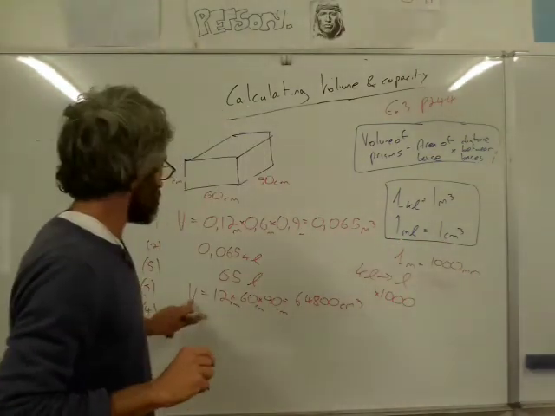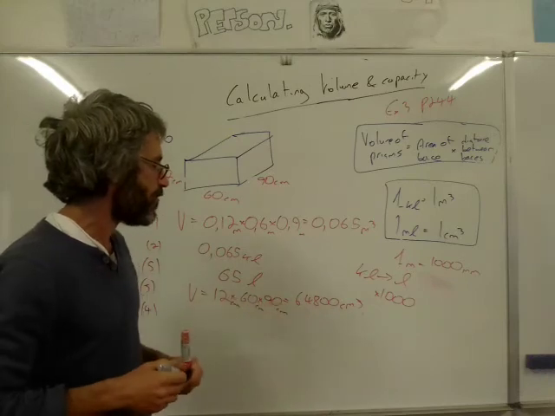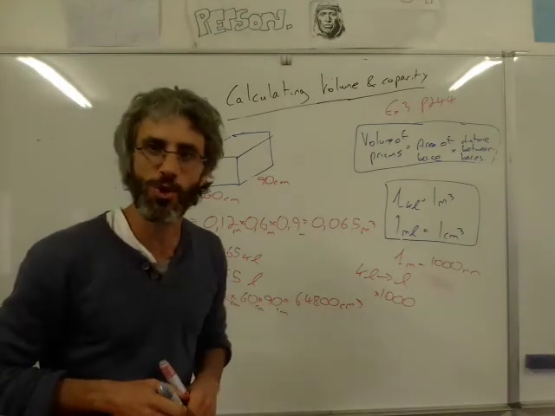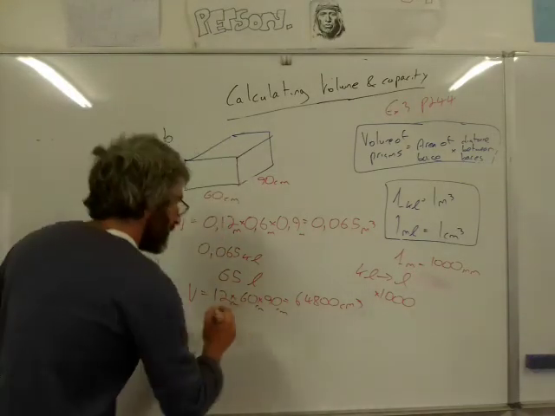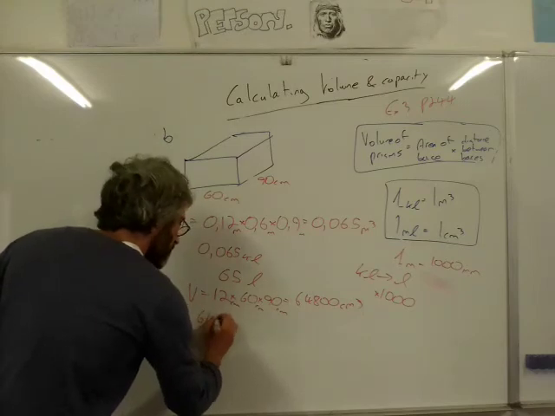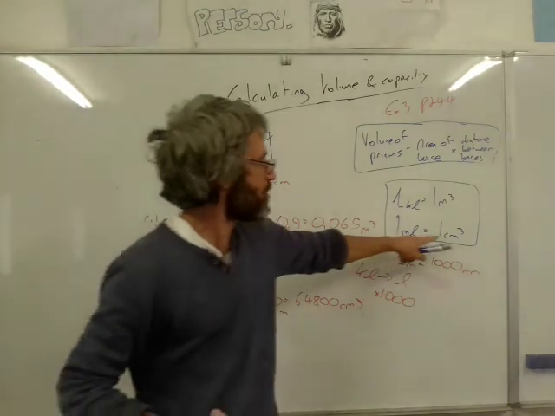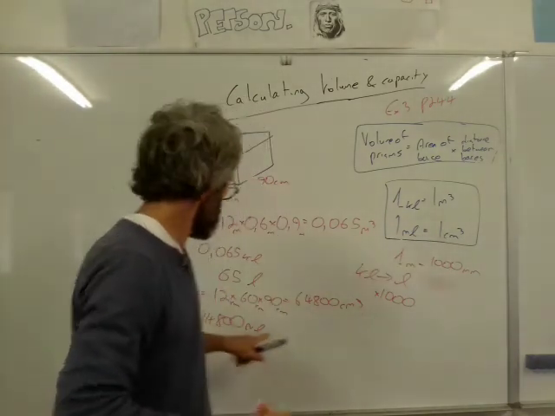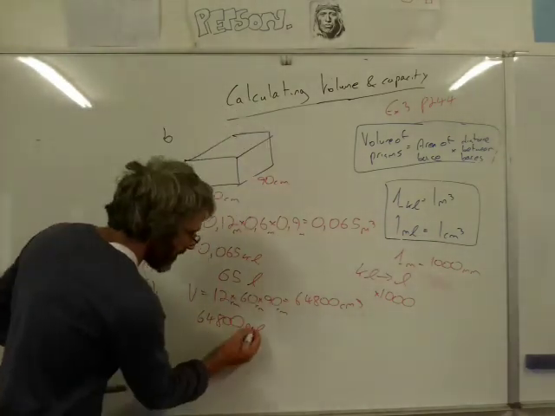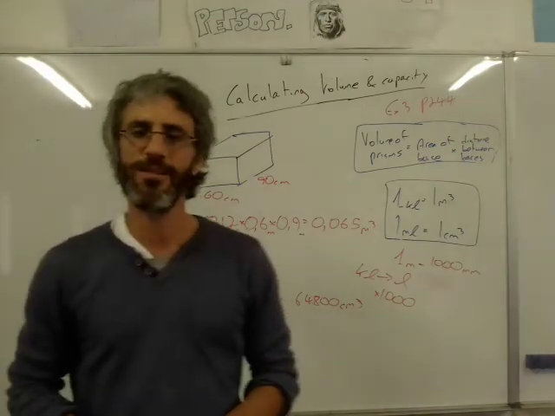So if you know the volume is 64,800 centimeter cube, then we know the capacity is 64,800 milliliter. Each centimeter cube is the same as a milliliter, so the answer is exactly the same, but now the unit is milliliter.